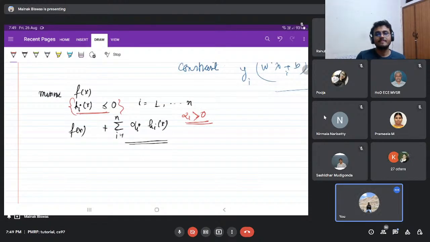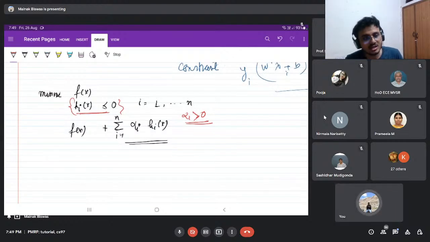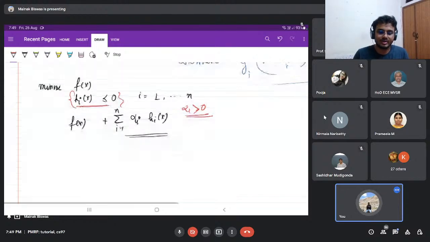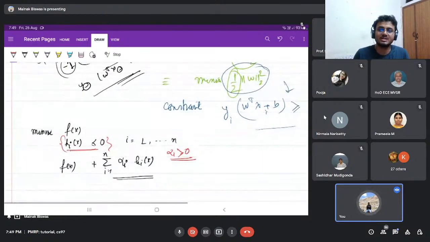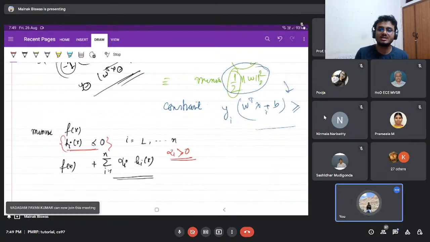What is the literal meaning of Lagrangian? The Lagrangian operator was defined for constraint optimization. It's named after a mathematician, Lagrange. Lagrange did it this way.